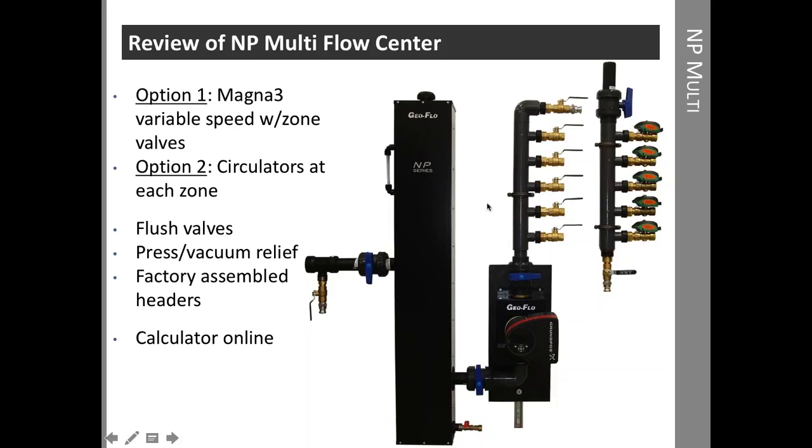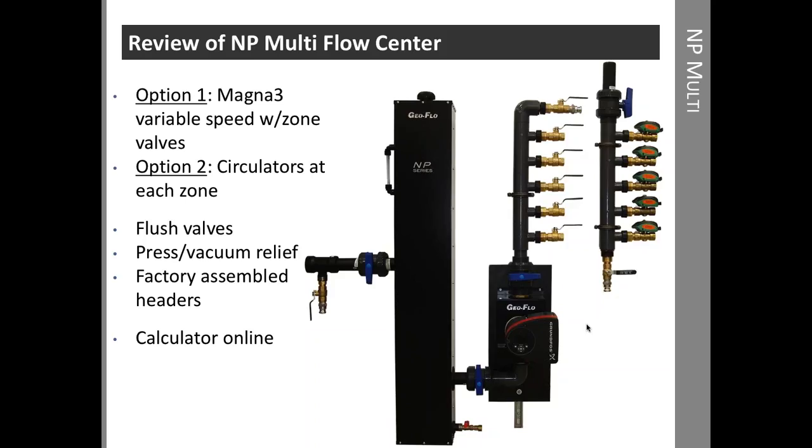So that's one option. Another option I'll have pictures of later on is the circulator for each zone, or circulators, 1, 2, or 3, instead of this central pump. So the central pump, variable speed with zone valves, is option 1, and multiple pumps is option 2.